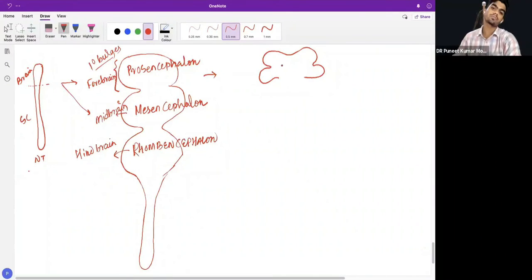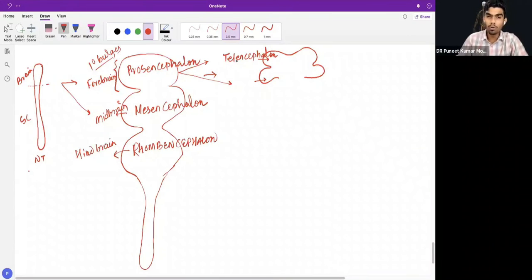The uppermost part is called the telencephalon, and the lower one is the diencephalon.